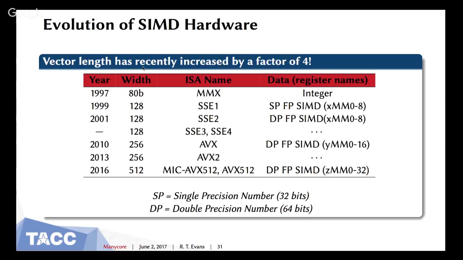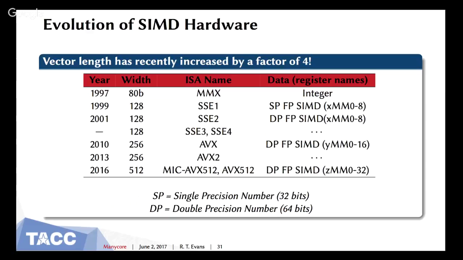This is just a bit of the history. And so what we have here is, let's see, can you see the, okay, so SP is single precision, DP is double precision. And so this is the width of the vector unit. So 128 bits.